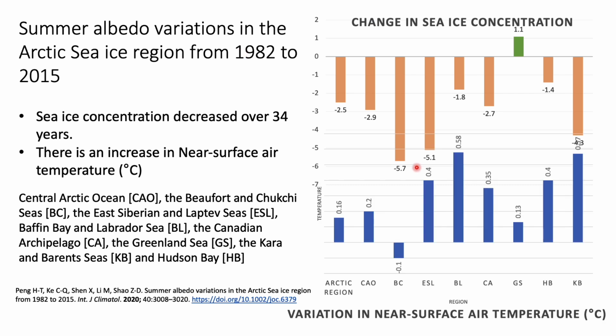And there is also another thing: when the sunlight reaches the open waters, the temperature is going to increase. So people also measure the near surface air temperature near the sea surface. Here, if you look very carefully, in most of the places there is an increase in the number. In other words, the near surface temperature had increased.